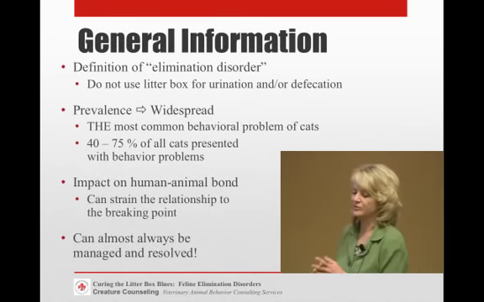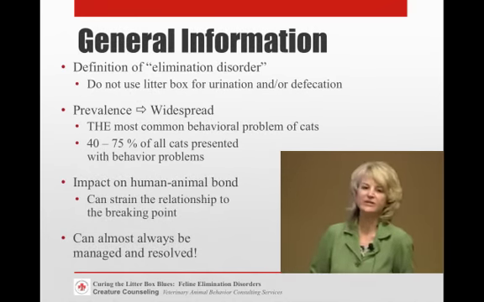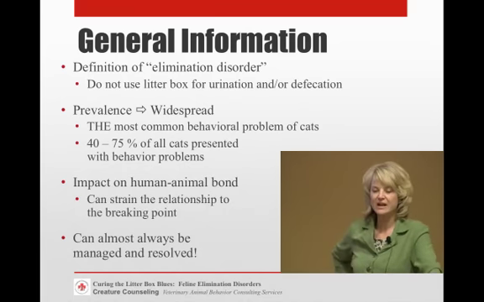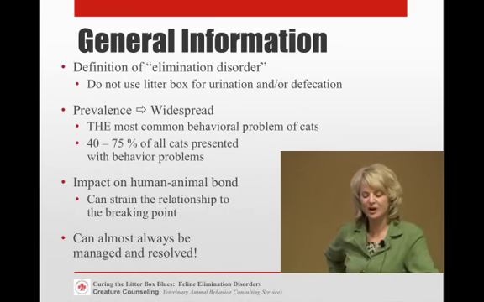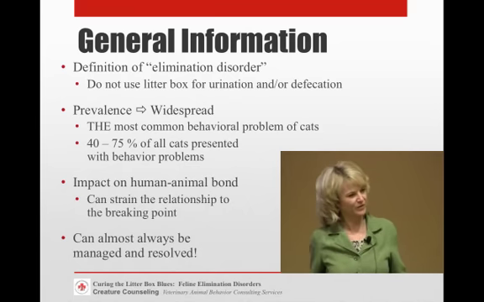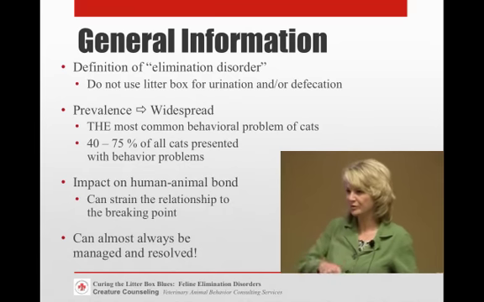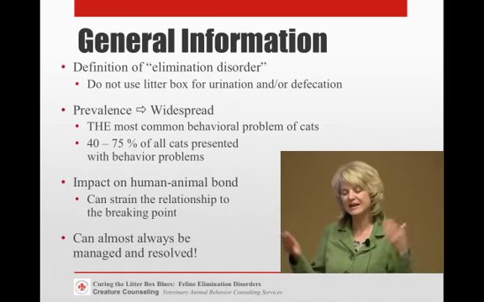Some general information. What's the definition of inappropriate elimination or elimination disorders? I kind of hate the thought of inappropriate elimination because it's not really inappropriate for the cat, right? It's inappropriate when they share their house with us. But that's what the literature does.